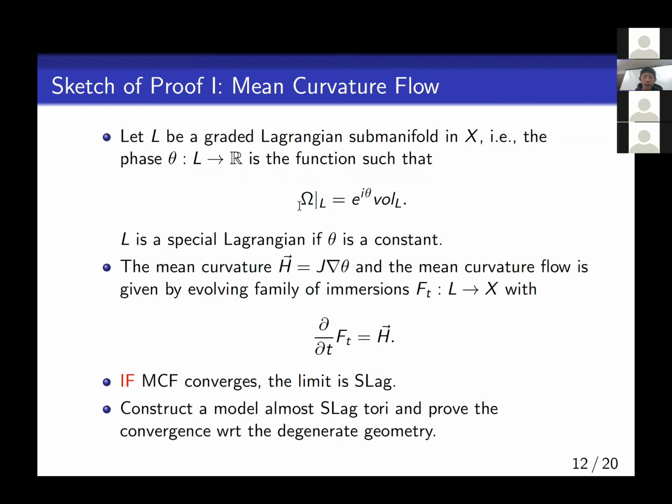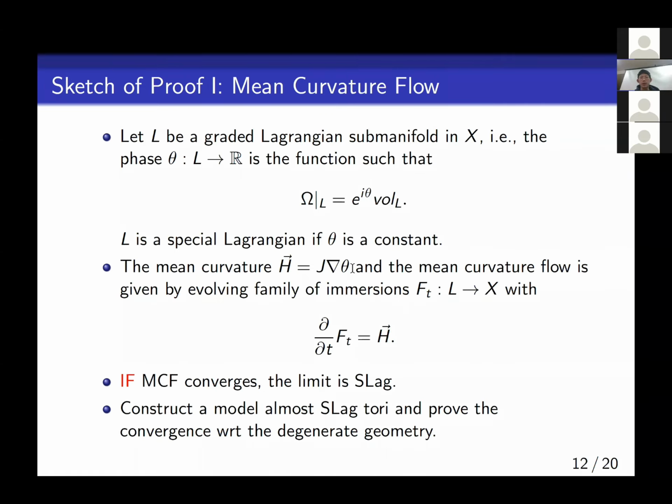One can restrict the holomorphic n-form to L, and it will be the volume form of L up to some phase. And L is a special Lagrangian when theta is a constant. In the Calabi-Yau case, the mean curvature is given by J, which is the almost complex structure, in here the standard complex structure, times the gradient of theta.